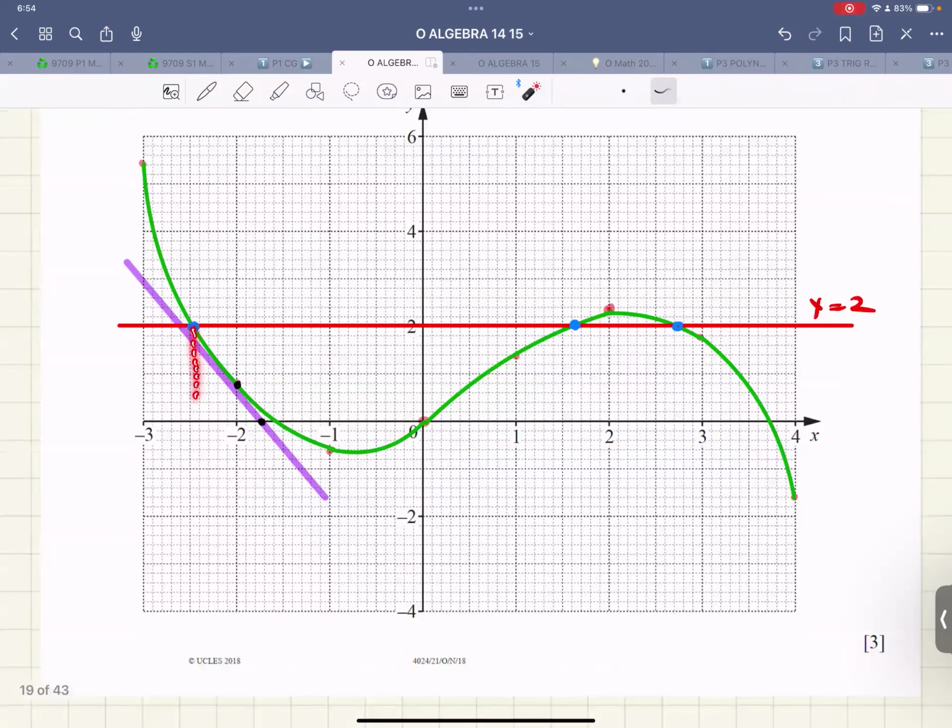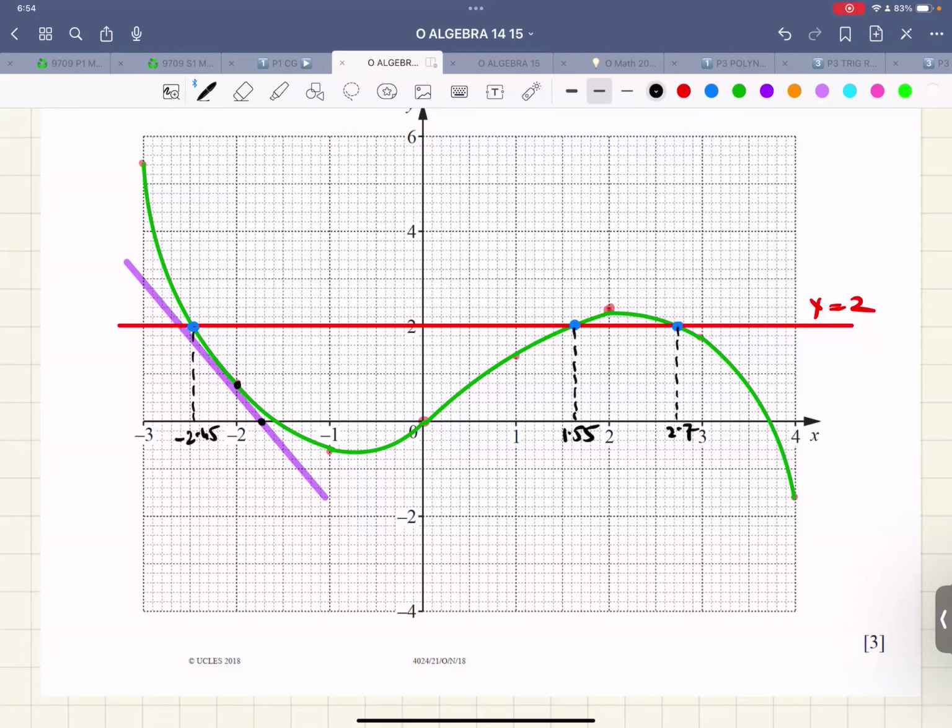This value is something like negative 2.45. So let me write over here, this is negative 2.45. Over here, this value is how much? This is negative 1.5, 1.55 approximate. And this is how much? This is 2.5, 2.6, 2.7, approximately 2.7.